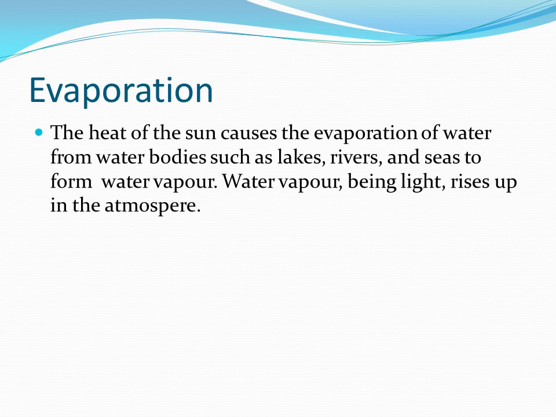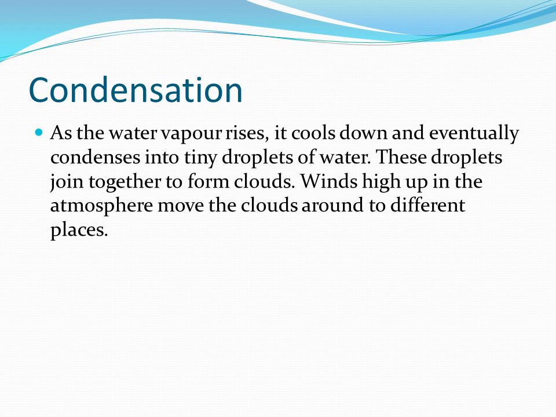When heat is produced, the water starts evaporating. The same here. When sunlight falls on lakes, rivers and seas, the water is converted into water vapor. This water vapor is very light and rises up in the atmosphere. This process is called evaporation.